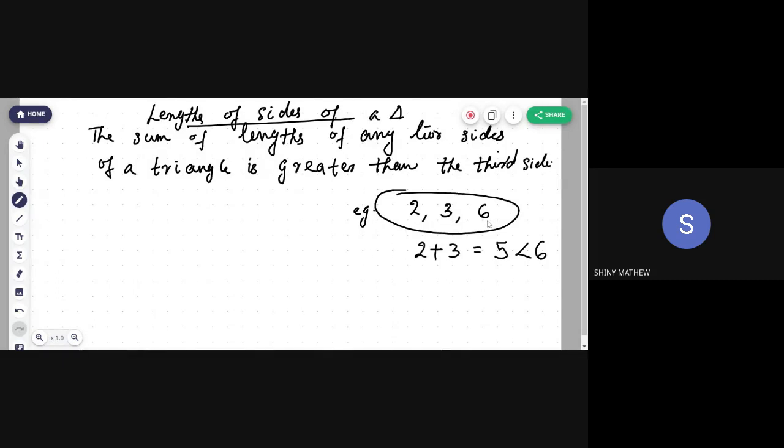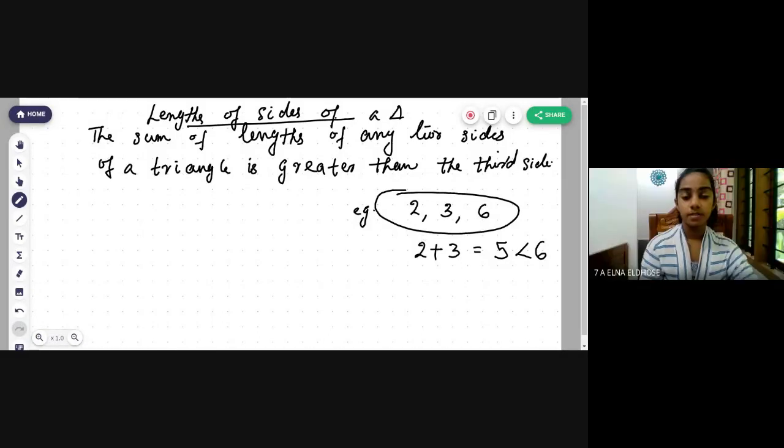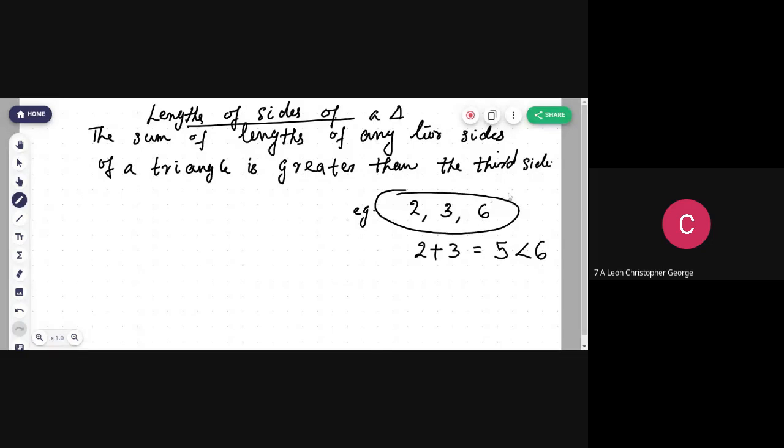All of you clear? Yes, miss. Okay. Then it is not possible, but we can take another measurement.